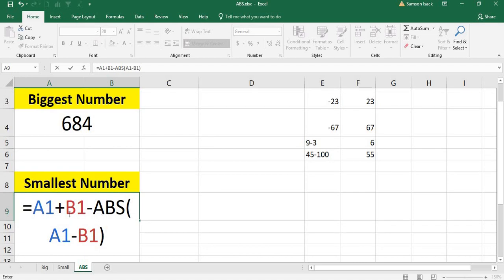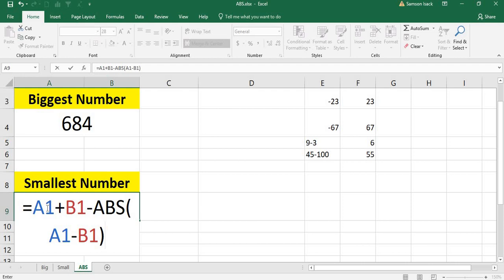Now you can see I have two numbers A and B, and what I am doing is subtracting. For example, A is the biggest number and B is the smallest number. I am subtracting the difference from A, then I will get 2 times B, which is 2 times the smallest number.